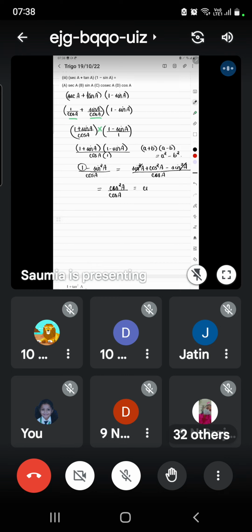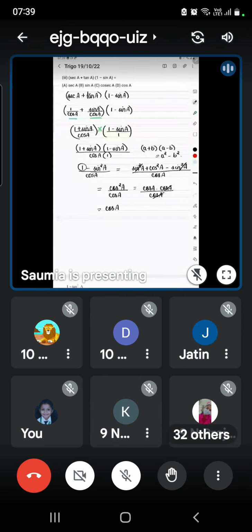Cos square A can be written as cos A into cos A, and the denominator is cos A. One of them gets cancelled. What remains is only cos A. Do we have cos A in the options? Yes, ma'am. Option D is the correct option.